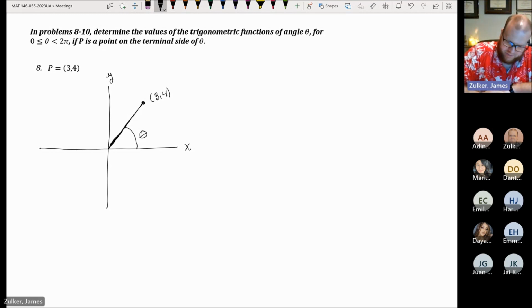What is the length of this segment? In other words, what is R?